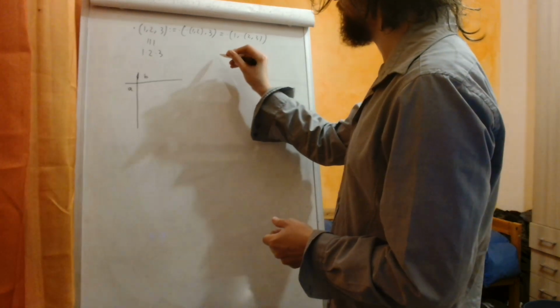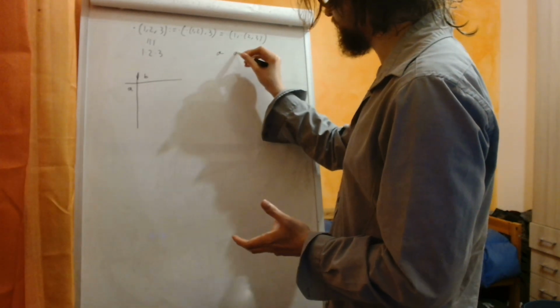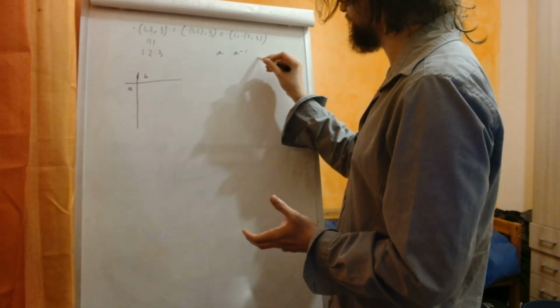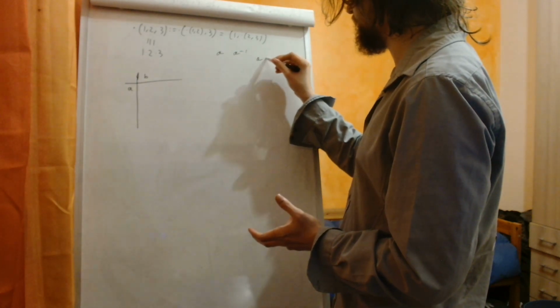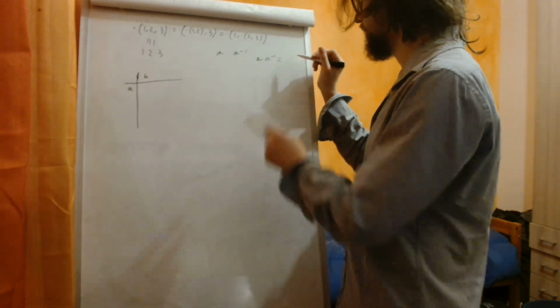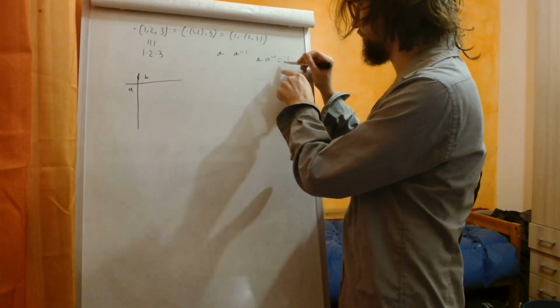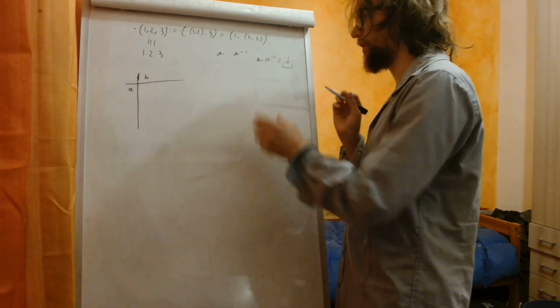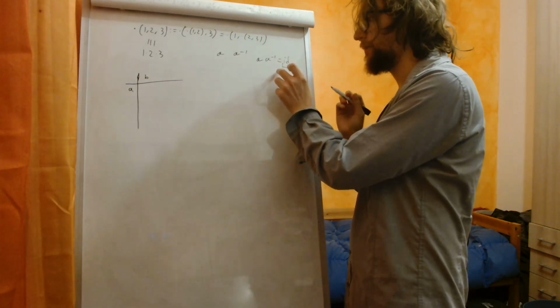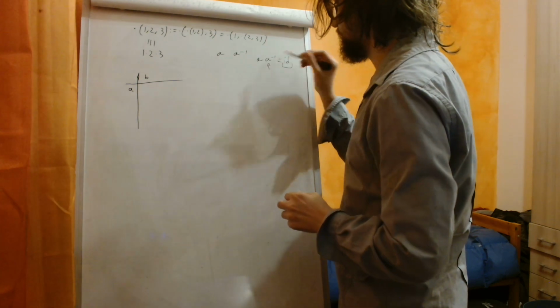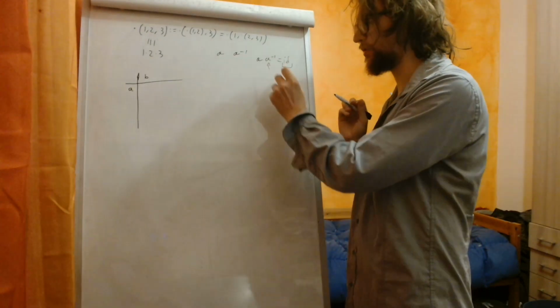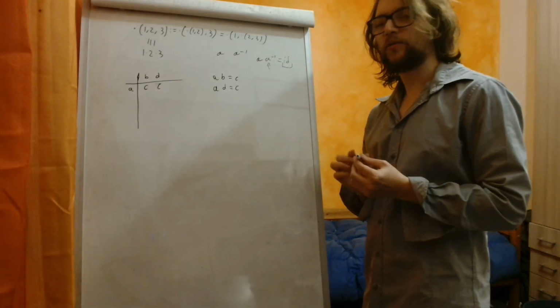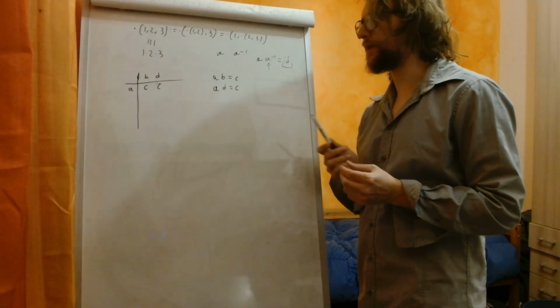So, if for any permutation A, there exists a permutation A to the minus 1, such that A times A to the minus 1 gives the identity, and the identity is the permutation which does nothing. So in our set, we must have an identity, and for each permutation, an inverse which takes us to that identity. What is a consequence of this property?